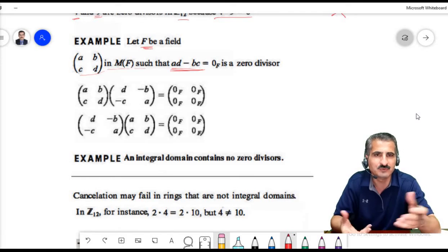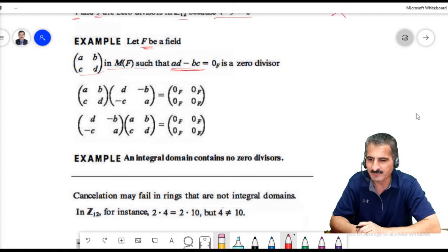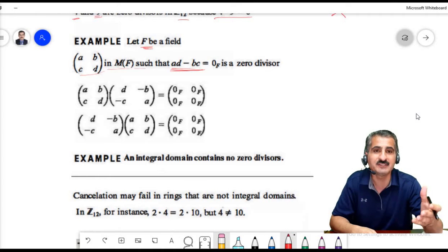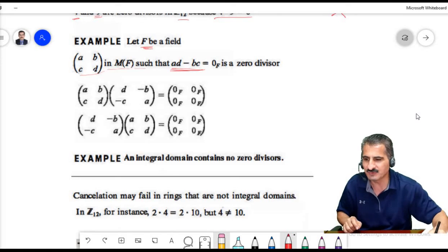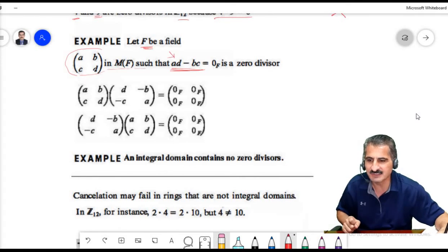You can work with numbers. But what this example says is that it gives you a family of such matrices, a lot of them. It tells you that if you choose matrices of that form with A times D minus B times C equals 0, then that matrix is a zero divisor. And it tells you why.